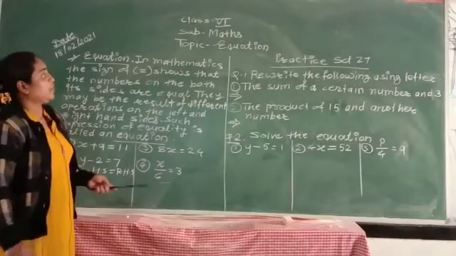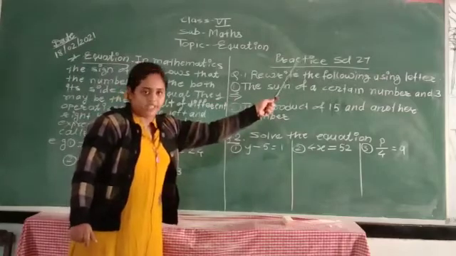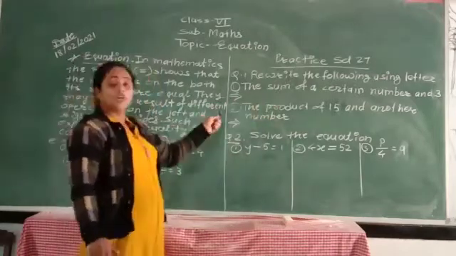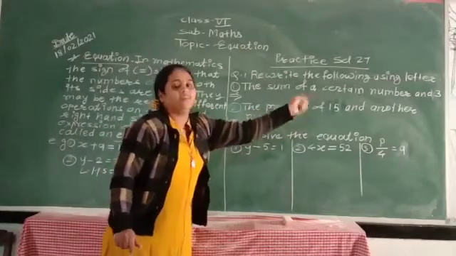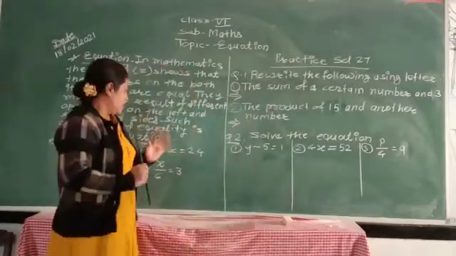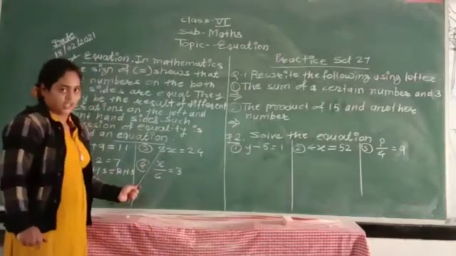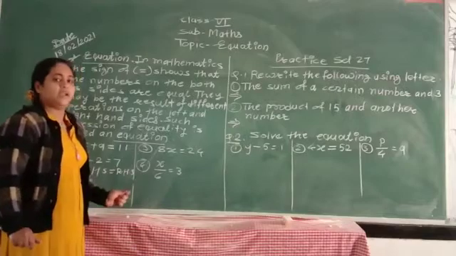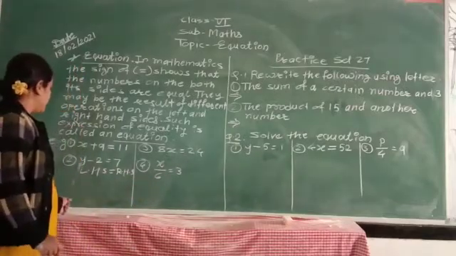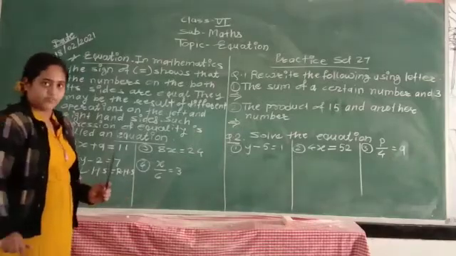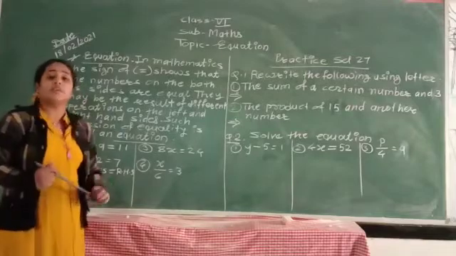In this chapter we have to solve the practice set number 27. The first question is: rewrite the following using letters. Students, see these examples of equation here. We see that in these equations there are some letters of English, some alphabets are used here. Why are these alphabets used here?